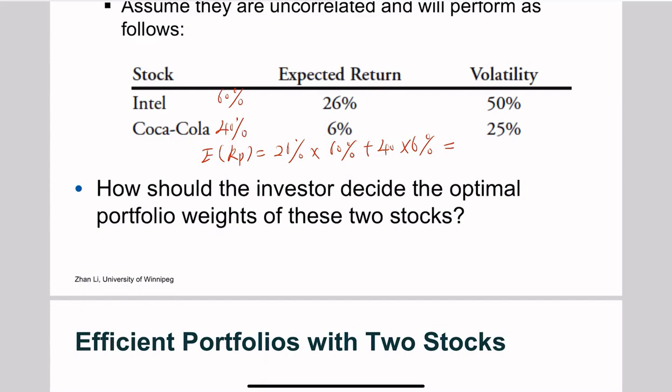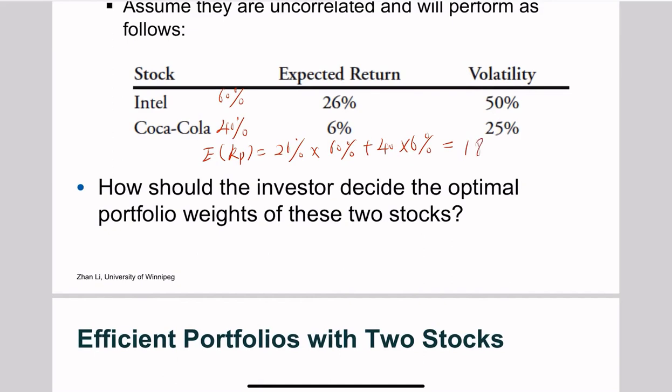So 26 times 60% and 40% times 6%. And yes, this gives us 18%.